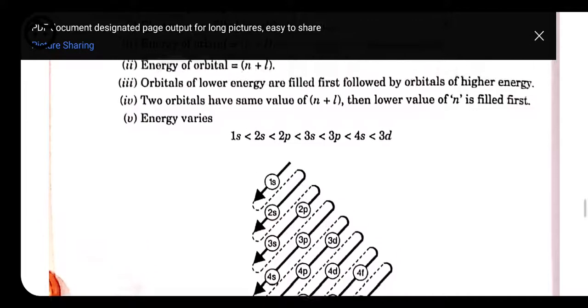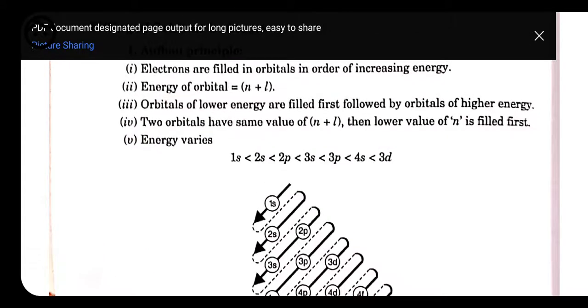How is it like that? We know that the value of l for s is 0 and for d is 2. So we add n plus l; the (n + l) rule is given here. The energy of an orbital depends on n plus l. If two orbitals have the same value of n plus l, the one with the lower value of n is filled first. Here n is the number of the orbit, like 1, 2, 3, 4.